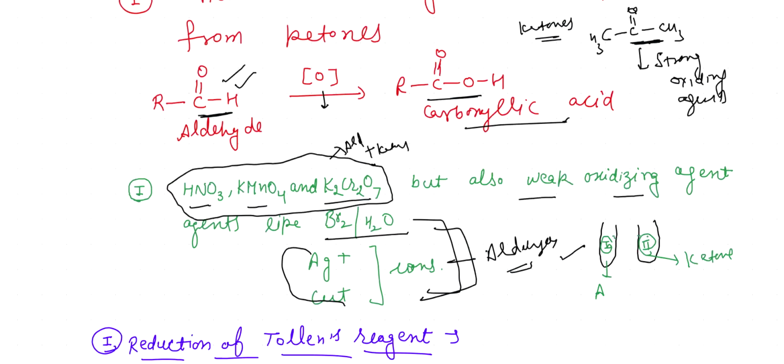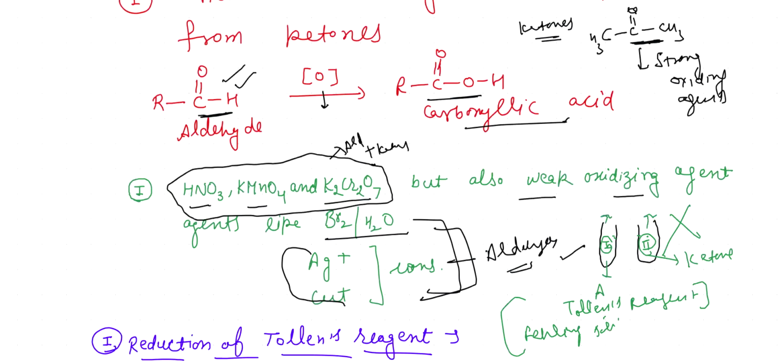One is Tollens reagent test, another one is Fehling solution test. Aldehyde will give these two tests positive, but ketone will never react with these reagents. By this you can figure out that in the first test tube there is aldehyde and in the second test tube it is ketone.